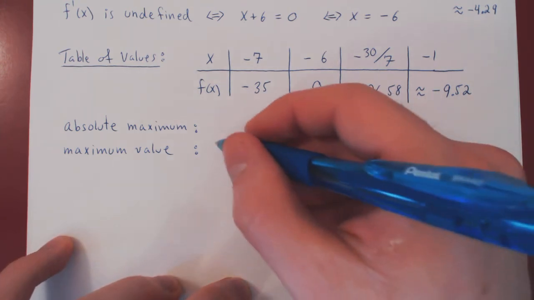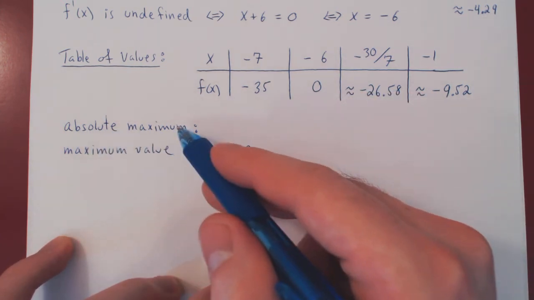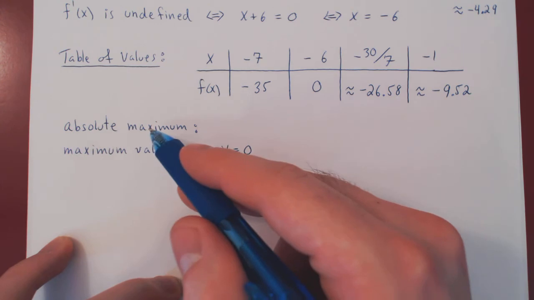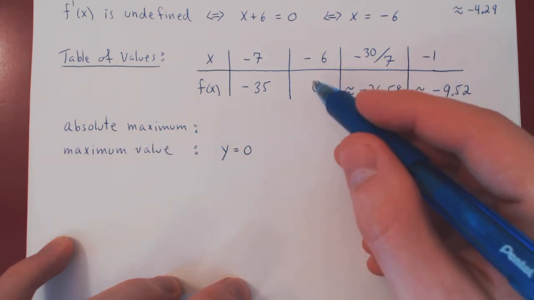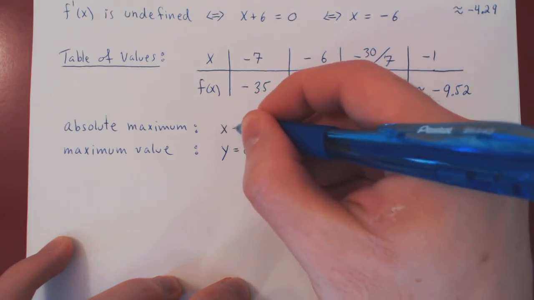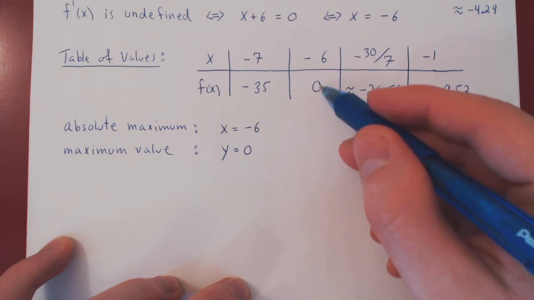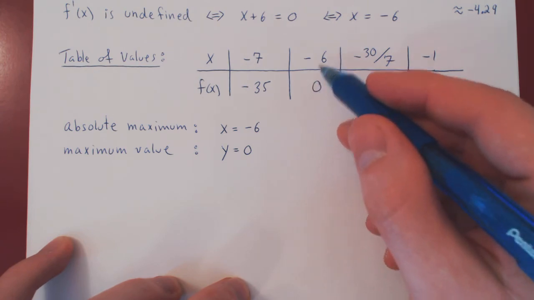So this is our maximum value, y equals 0. And the absolute maximum, again, is the x value where the value occurs, and the x value is negative 6. So x equals negative 6 is our absolute maximum, and the maximum value of y attained there is 0.